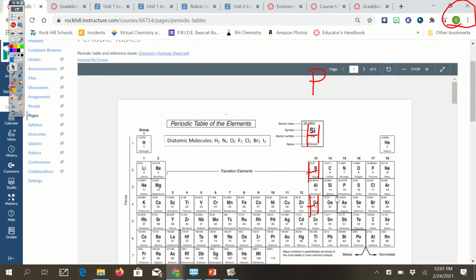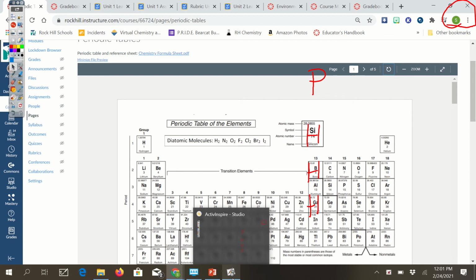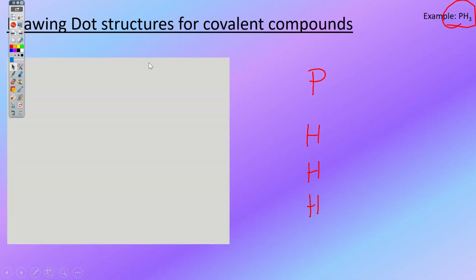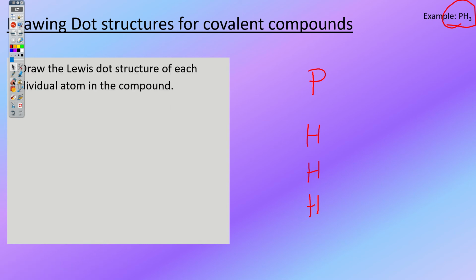So P is in group 5, it has 5 valence electrons. We're going to go back here and draw our 5 dots around it. Remember, I need 1 on each side before I can go back and pair. So 1, 2, 3, 4, 5.